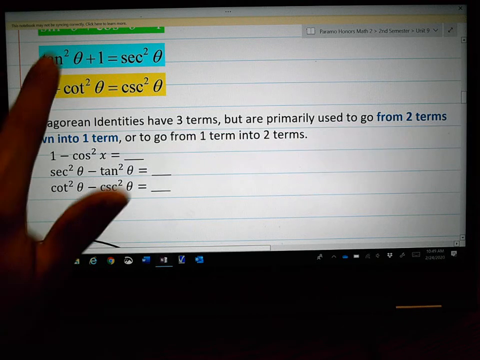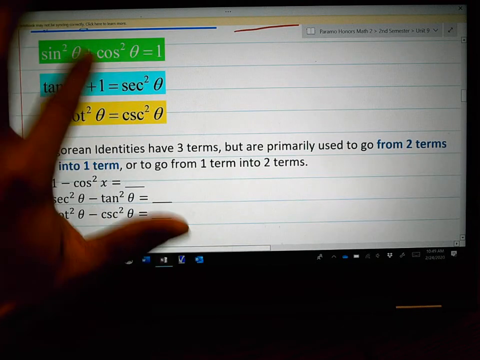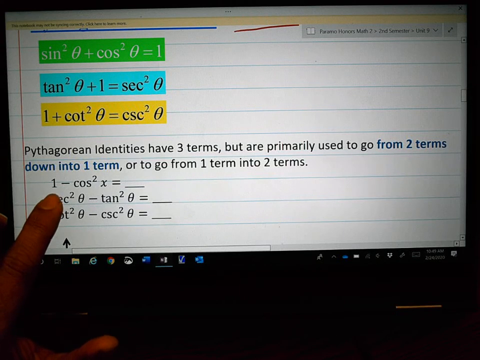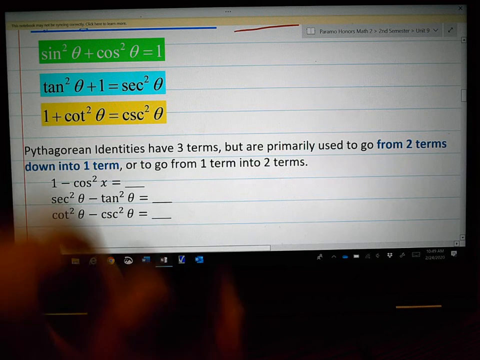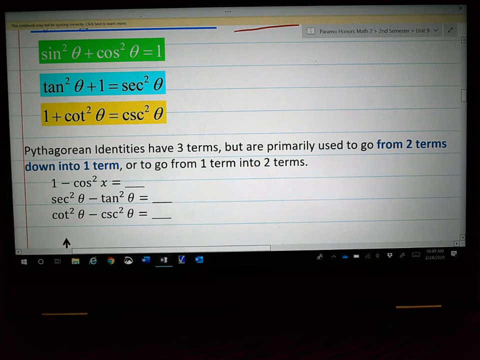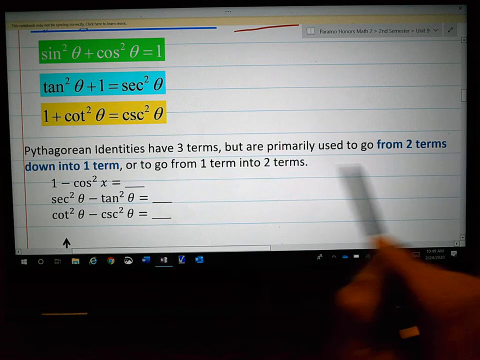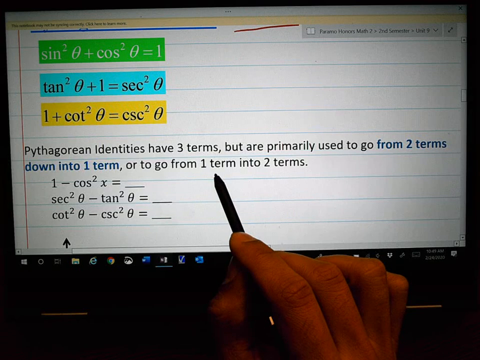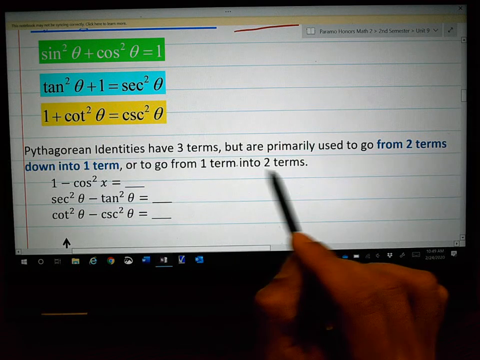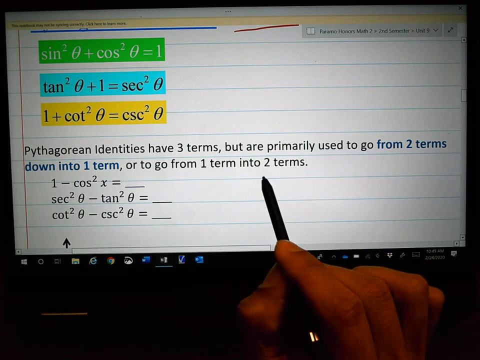So even though this thing has three things there, I'm going to use it to go from these two terms down into one term and make it smaller, essentially. So primarily, we're going to go from two terms down to one. Sometimes you might go from one into two, but not very often.